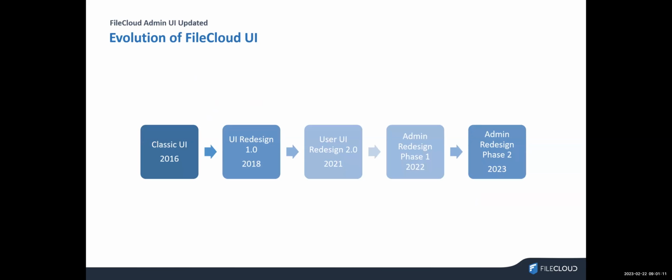The admin UI has been there ever since FileCloud started. I've been here for a few years, so I still got to know the classic UI. We had a brief redesign in 2018 for both admin and user UI. Then we had a complete user UI redesign in 2020 and 2021.